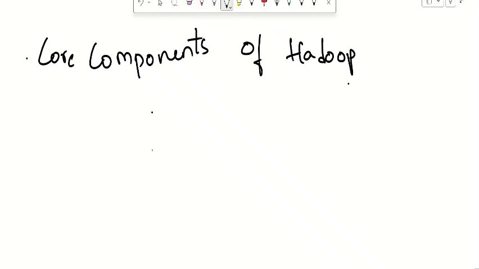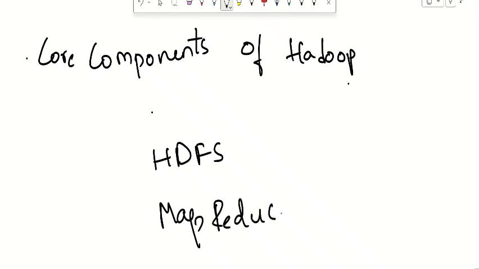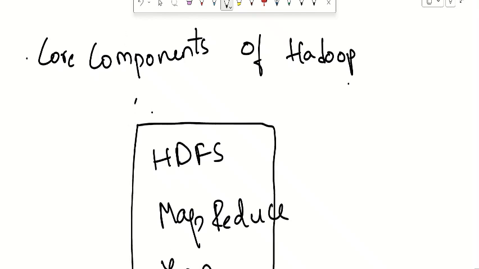The first one is HDFS, then MapReduce, next YARN, and the last one is Hadoop Common.